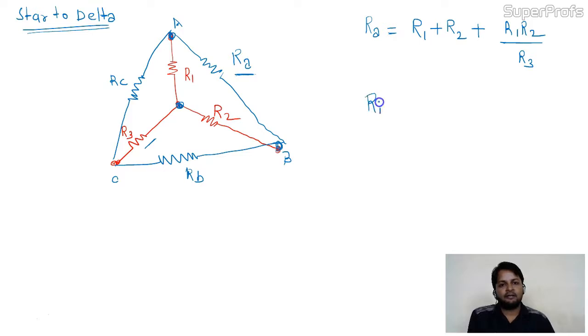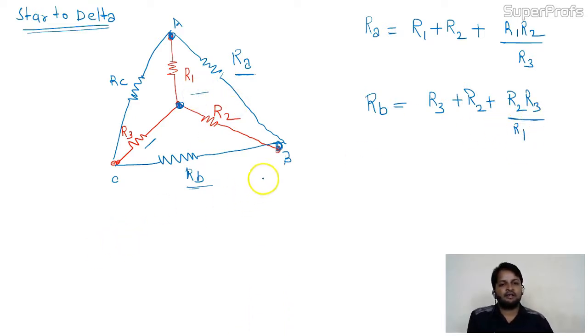What is RB? Now you tell me. Where is RB? Here. RB is connected with R3 and R2: the summation of R3 and R2. In the third term, we multiply R2 and R3 and divide by the remaining resistance, R1.